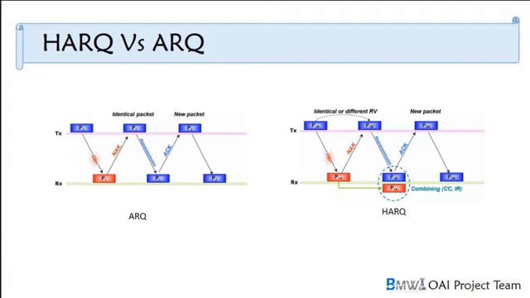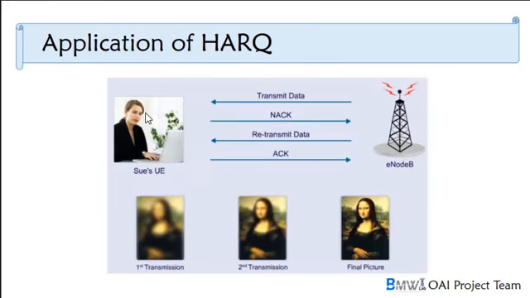If the second picture sent by the transmitter has trouble in the other part, it will combine like this, B and A. After they get a combination of A and B, the receiver will get the good picture. A little bit difficult if you see this figure, but if you see the following slides, you will understand what HARQ means.